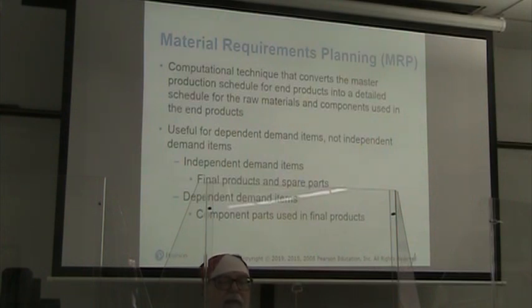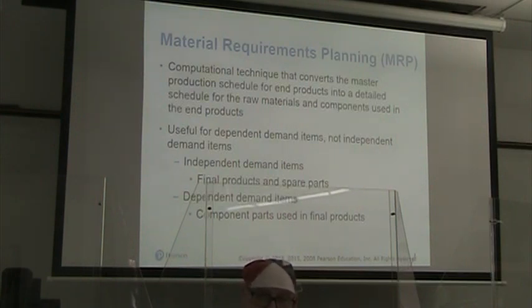Our independent demand items are the final products and the spare parts. Our dependent demand items are the component parts used in the final products. So in other words, if we're going to make tables, as an example, then for every table we would have 1 tabletop, 4 legs, so many runners for the sides, and so on.